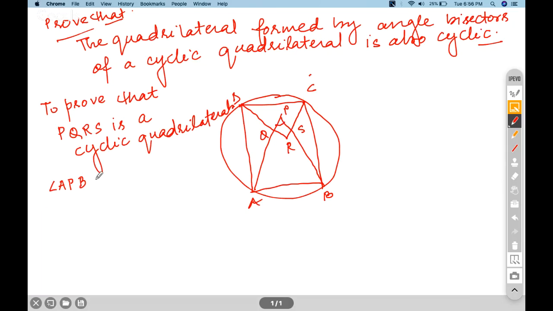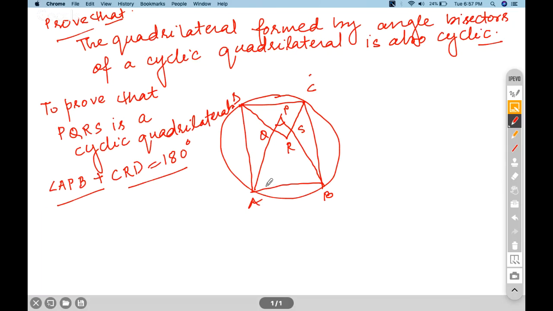So angle APB plus angle CRD is equal to 180 degrees. If I am able to prove this equation, I shall be able to prove that PQRS is cyclic.